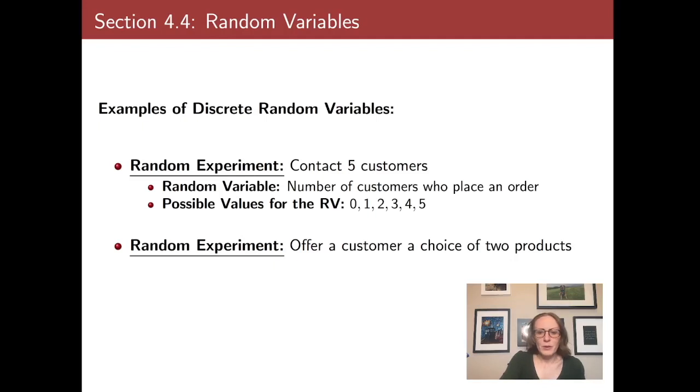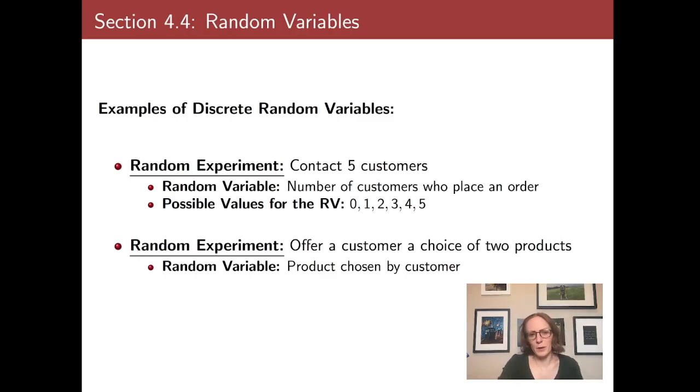Another thing I could do is I could offer a customer a choice of 2 products. And my random variable might be the product that they choose. And this might not sound like something that's a number, but I could encode this as a number.